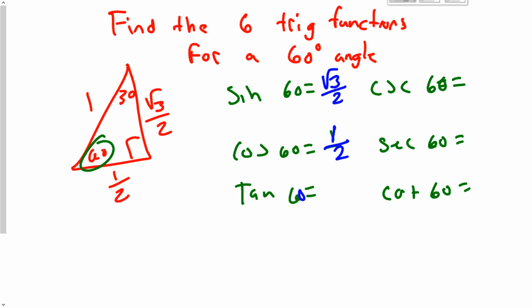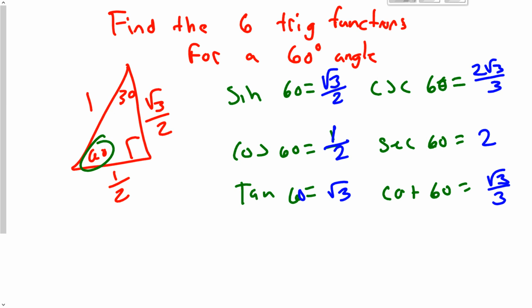Tangent of 60 is the cofunction of cotangent. So if I looked at the cotangent of 30, which is root 3, then the cofunction, tangent of 60, would be root 3 as well. And then switch these, so this would be root 3 over 3, this would be 2, and this would be the 2 root 3 over 3 answer. Okay.